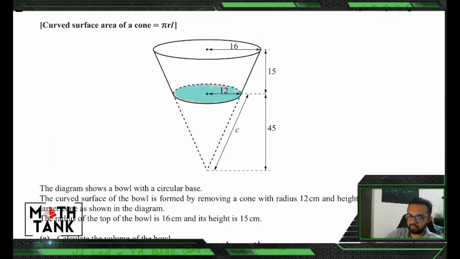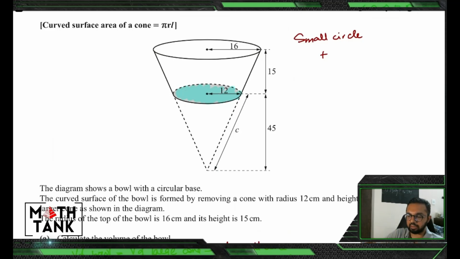So you know there's a small circle, plus. Of course, it's open from here, so it's not in contact with the water. What else is in contact with the water? It's this curved surface area. Now, this curved surface area doesn't have a formula, but you can use two different cones and subtract them.